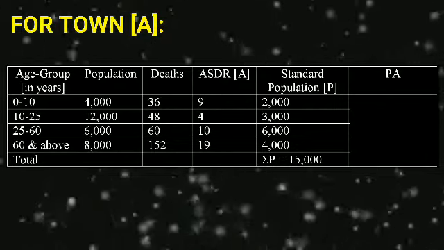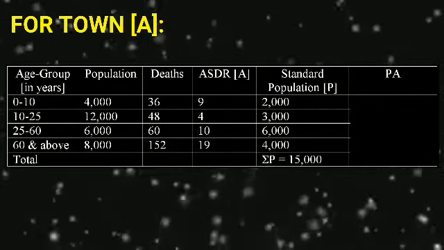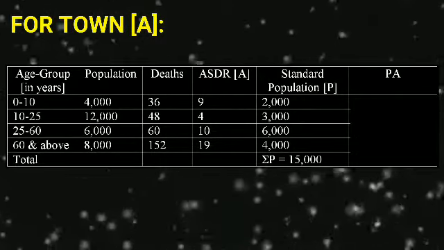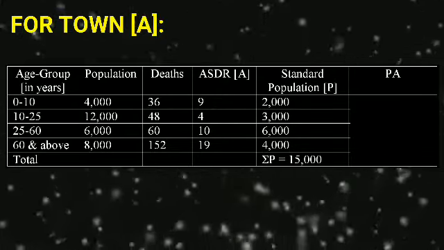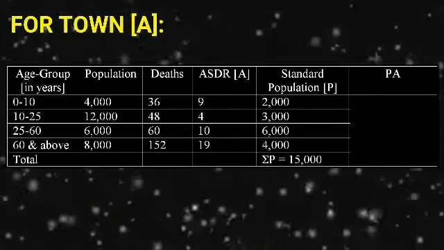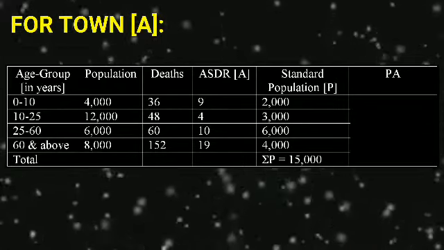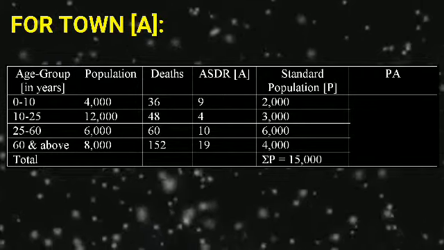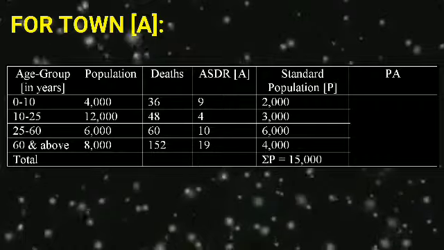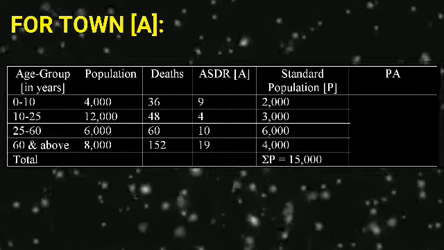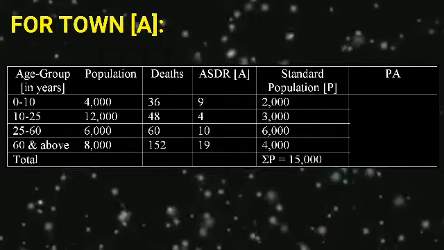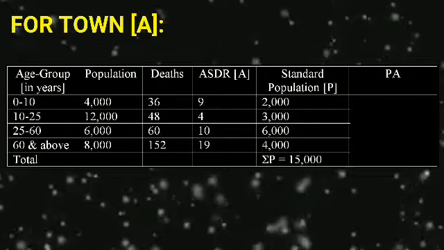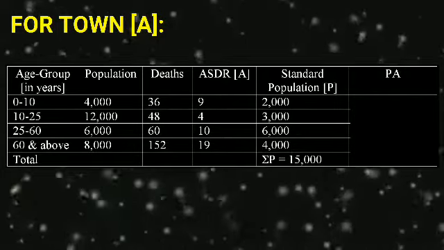After computing the ASDR value, copy the standard population which is given in the question. The last column data is your standard population, so copy those values. Here, standard population is denoted as capital letter P. So, write it as P inside the bracket, copy the data, and find the sum total of the standard population, because in the previous video we discussed the formula for the computation of STDR, which was standardized death rate for the first population equal to sigma PA divided by sigma P, where P is your standard population.